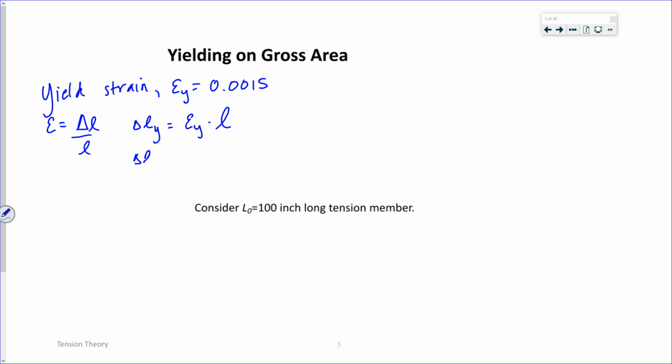So 0.0015 times 100 inches is 0.15 inches. So it only has to elongate 0.15 inches to hit yield.